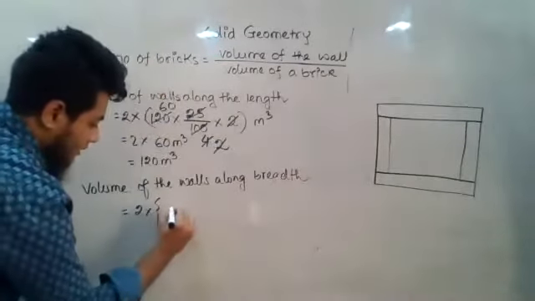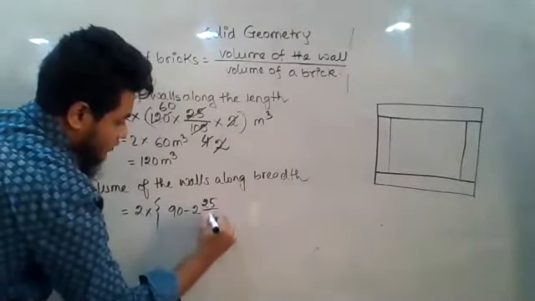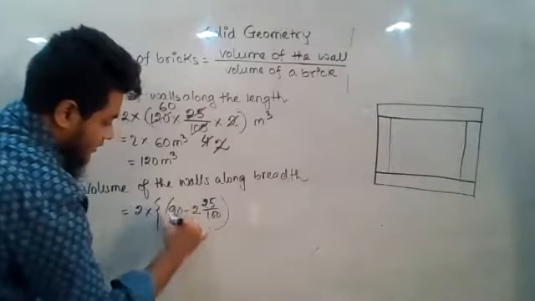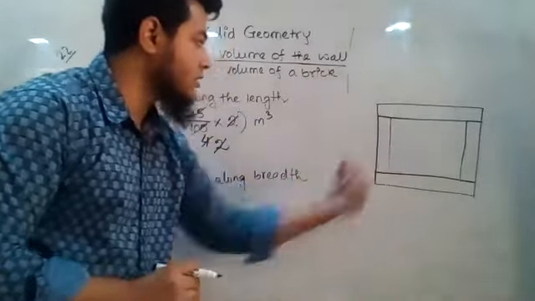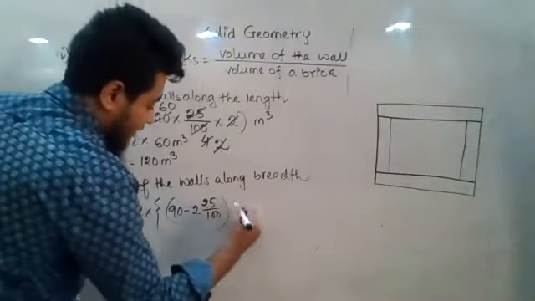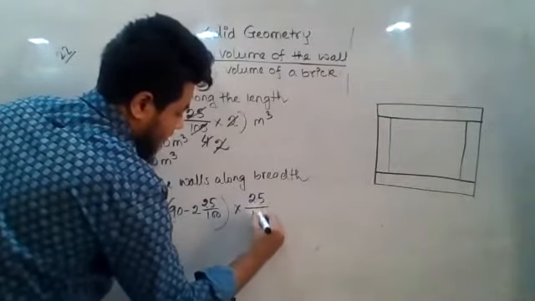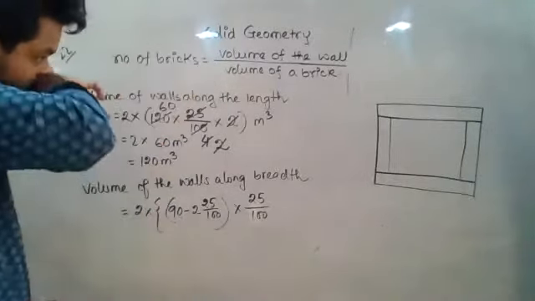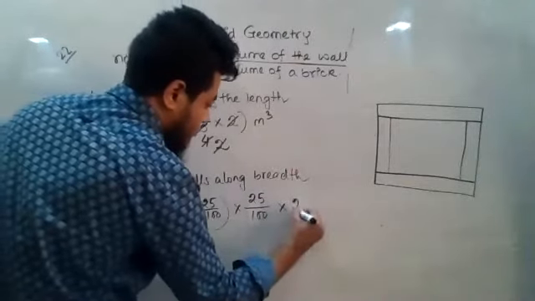It will be 90 minus 2 into the thickness of the wall, that is 25 divided by 100. This is the length. Okay, what is the breadth or the thickness? The thickness is 25, right? Into 25 by 100 into the height, that is 2.